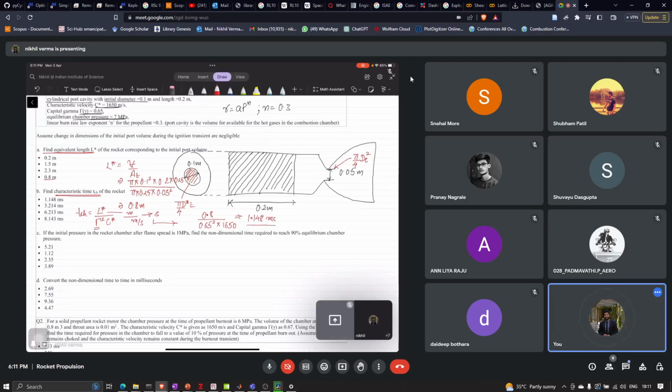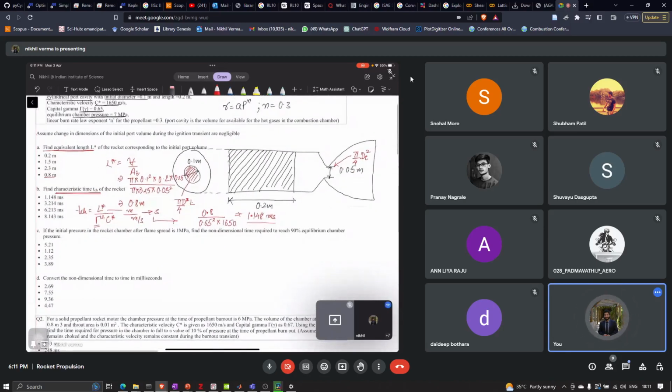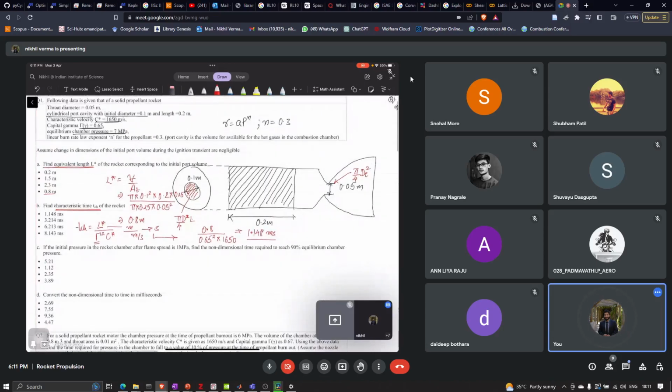Okay, so let us move to another problem where we have to find the non-dimensional time required to reach 90% of the equilibrium chamber pressure. So this is the problem which deals with the pressurization process.